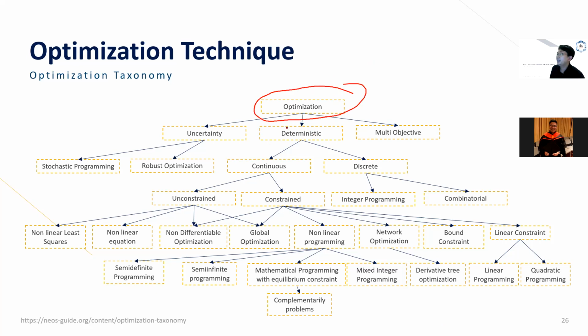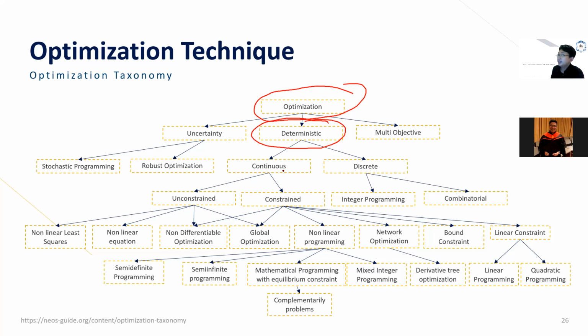And when we consider the variables or the parameters as simplified and known in advance, we consider that as deterministic optimization, which we study in this course.